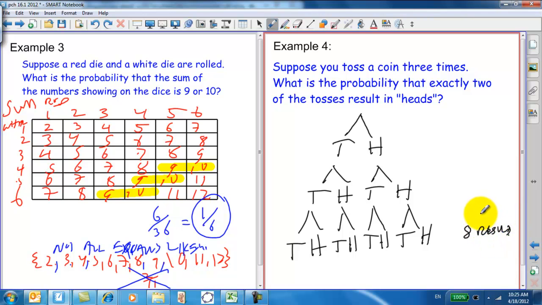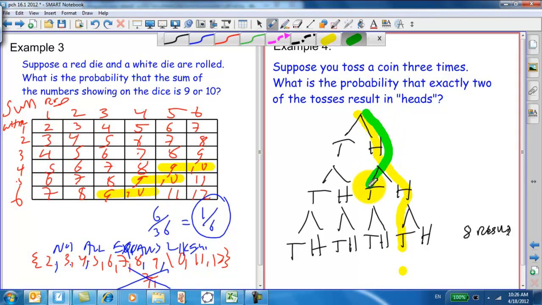And of those 8 results, we want to see what's the probability that exactly 2 of the tosses will be heads. So let's trace the routes where we get 2 heads. So coming down this way, 1, 2, like that. So there's one route. Then here's another route coming down this way, making the turn here, and then coming down this way.